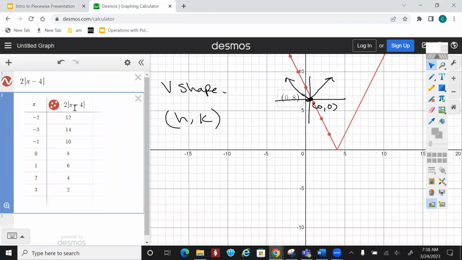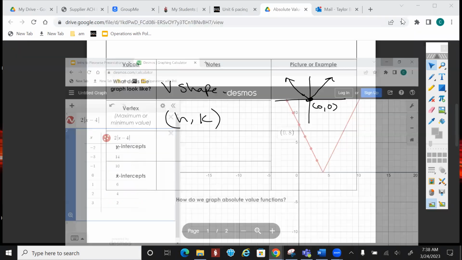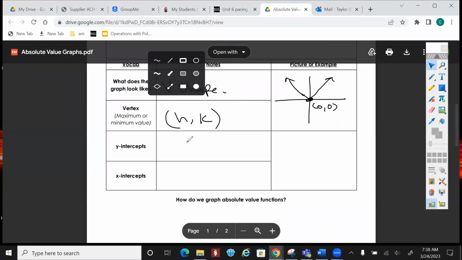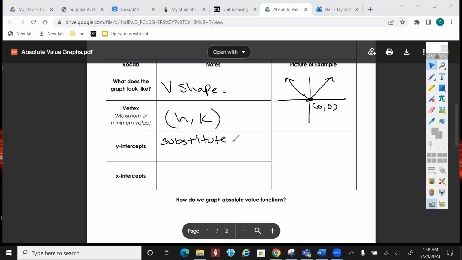When we plug in 0 into this equation, that's what gave us our y-intercept. So substitute in 0 for x, and it's where it crosses the y-axis. For instance, on this example, we had it cross at 0, 8.